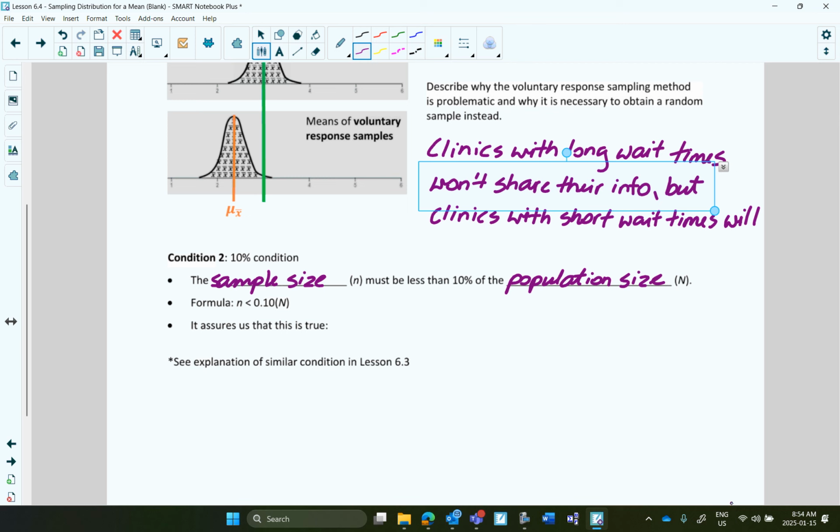Or in other words, little n, sample size, must be less than 0.10 times capital N, population size. And like I said, it allows us to use this formula.